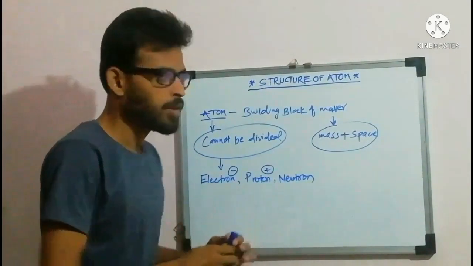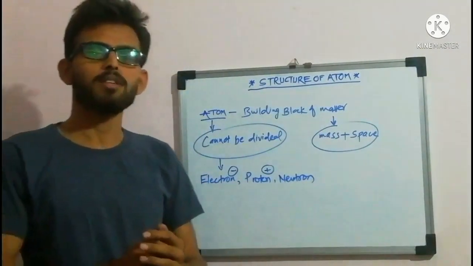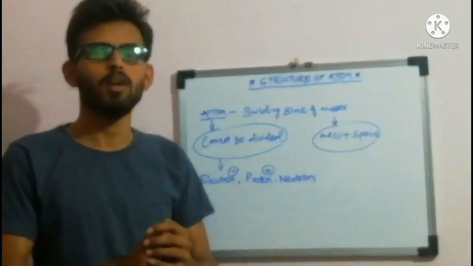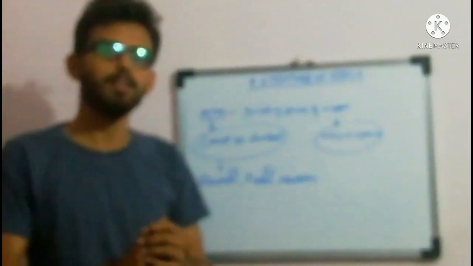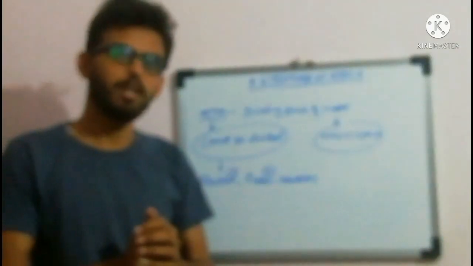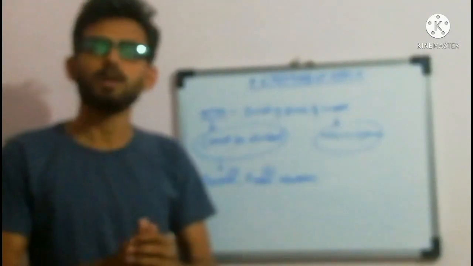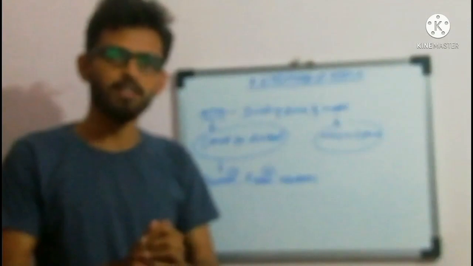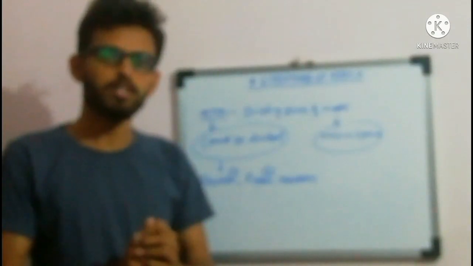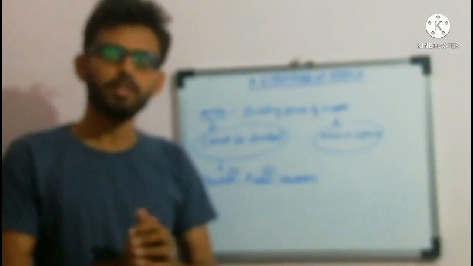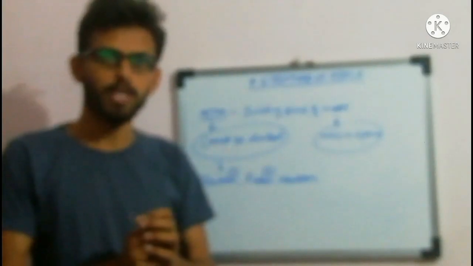Atom is such a small entity, a very small particle, that we cannot see it with naked eyes, right? So our physicists, our scientists have worked very hard to know the actual structure of the atom through different experiments.